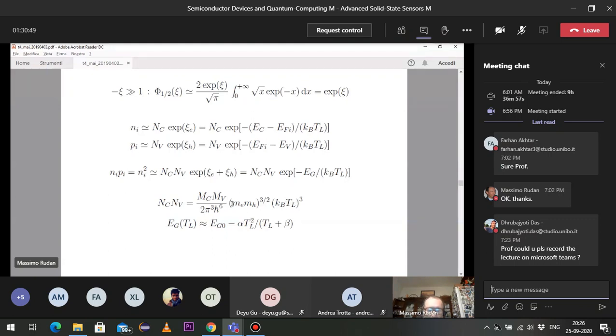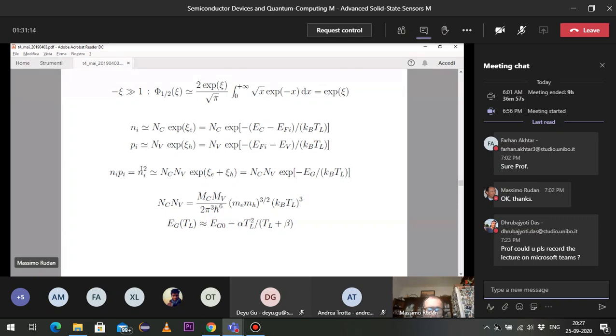You remember also the effective masses depend on temperature, because the effective masses are the inverse of the curvature of the band, and when you change the temperature, the band deforms, okay? But the dependence of the effective masses on temperature is very weak, so it is neglected, okay?